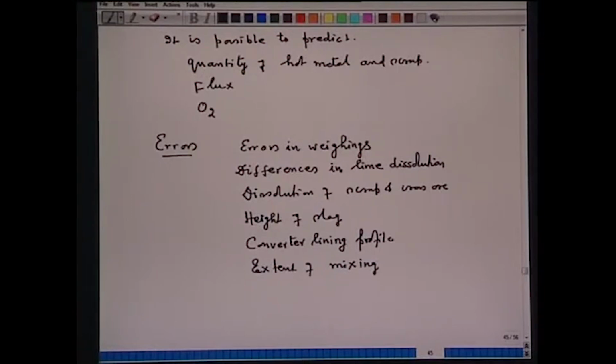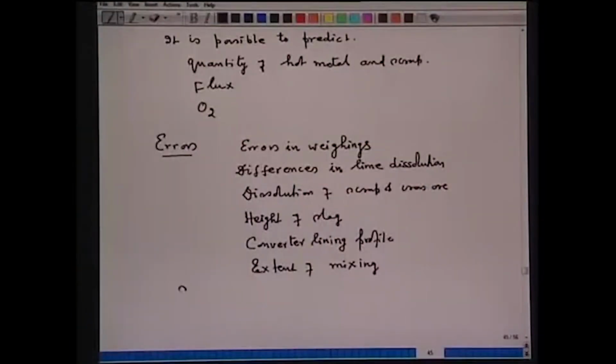Now, these above errors, some errors can occur by the human being, some error may occur because of the stochastic nature of the process. So, these errors can be minimized, or the predictions by static model can be improved by having sublance measurement, through a sublance.